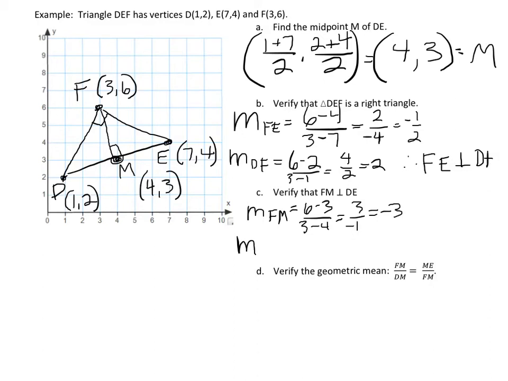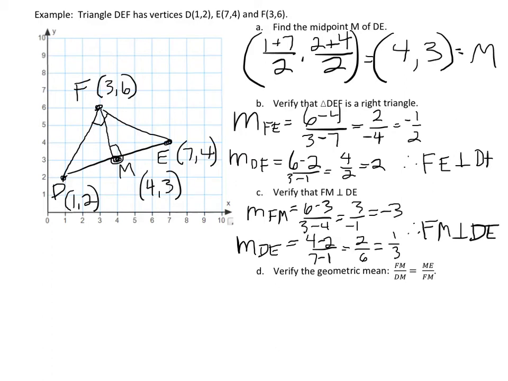And then the slope of DE: change in Y, 4 minus 2, over change in X, 7 minus 1, 2 over 6, which is 1/3. Therefore, FM is perpendicular to DE.